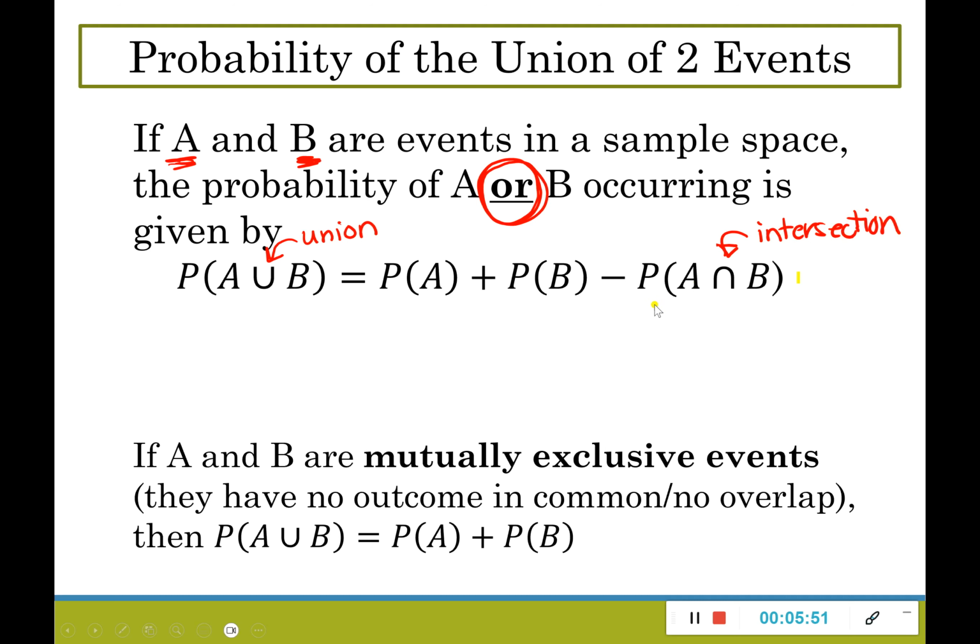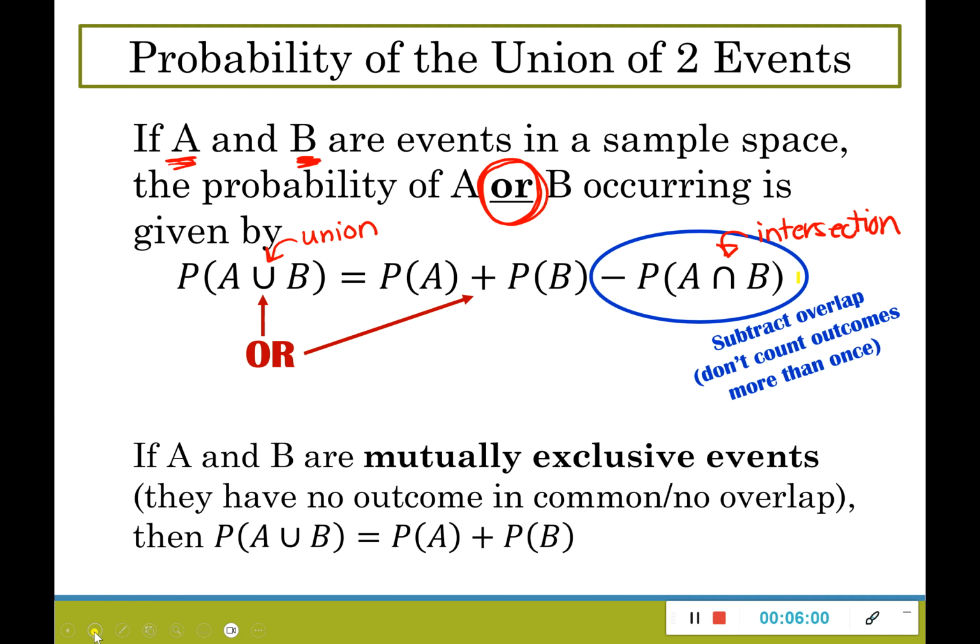And we know that union means or in mathematics, and then A intersection B means that we're going to subtract the overlap. So it's when A and B are both happening. We've counted those already in the probability of A right here. We've counted them in B. So we want to subtract that overlap so that it's not double counted.